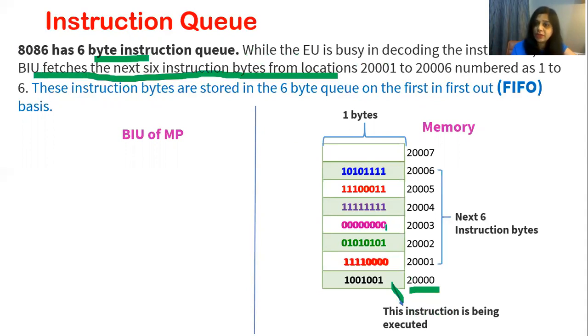What will be the next 6 instructions? They will be from this location to this location. These are 6 instructions: 1, 2, 3, 4, 5, and 6.